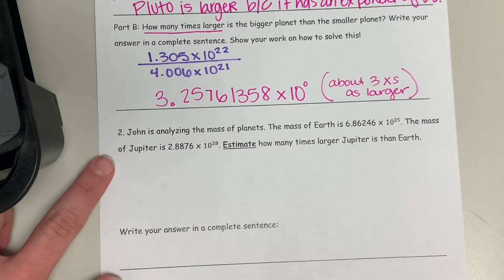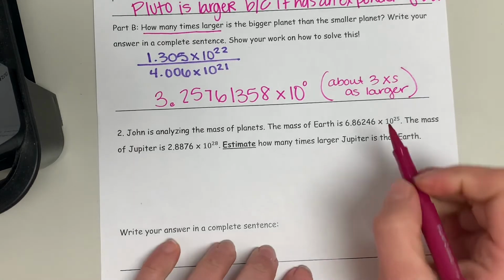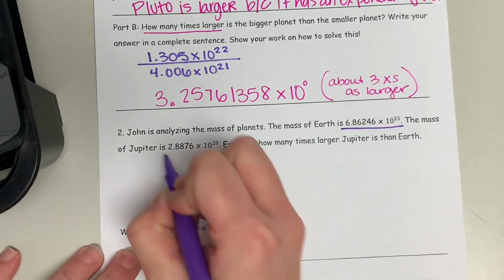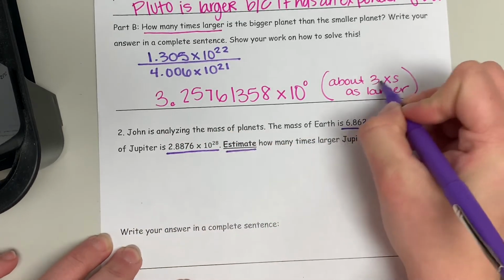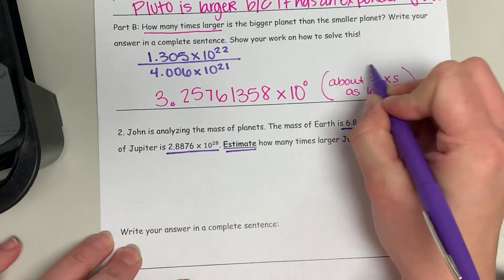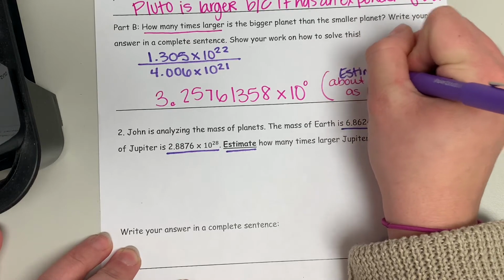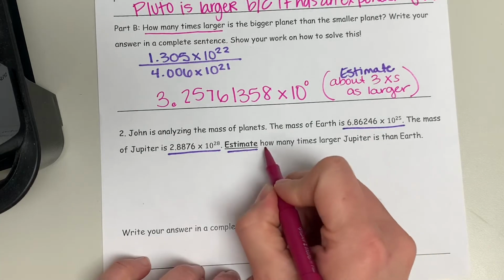John is analyzing the mass of planets. The mass of Earth is this number. The mass of Jupiter is this number. They're wanting an estimate, kind of what we did right here, about. Estimate how many times larger. Oh, there's that key again: how many times?